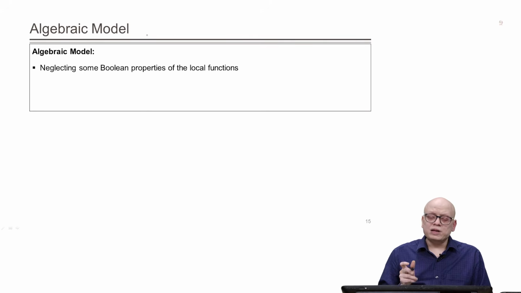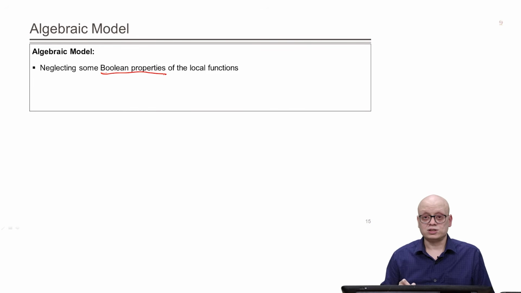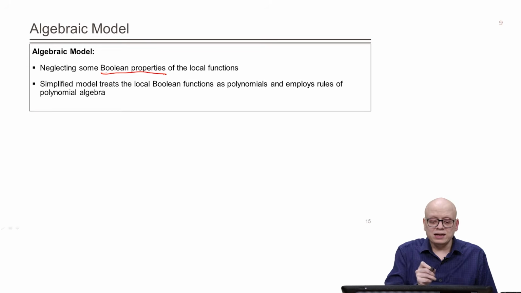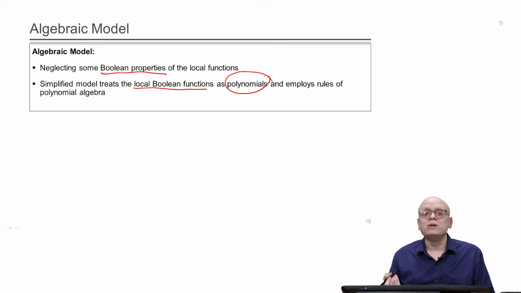So, in the algebraic model what we do is that we neglect some Boolean properties of the local functions. We neglect Boolean properties, and we treat the local Boolean functions simply as polynomials and employ the rules of polynomial algebra rather than Boolean algebra.